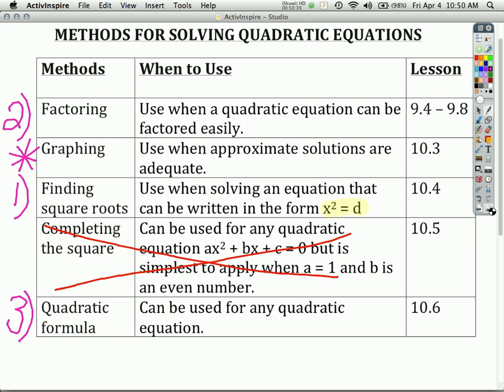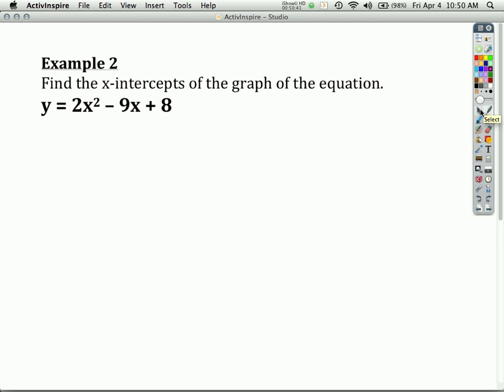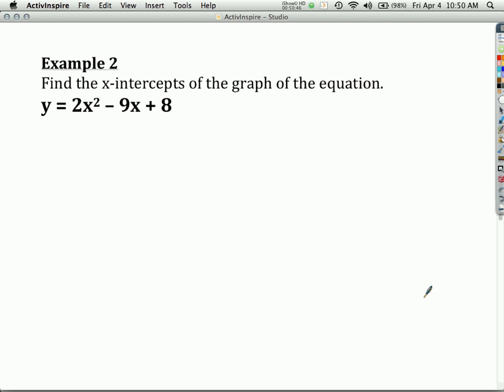Okay, now we're going to go into the second example. The instructions are different, but the goal is the same.